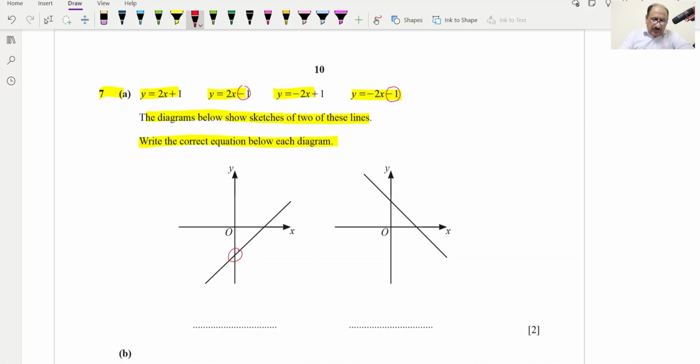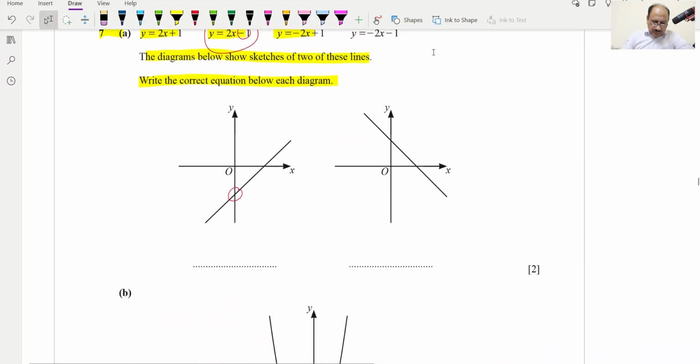If we replace x is equal to 0, y will be minus 1. If we replace y is equal to 0, x will be equal to plus 1 by 2. So we identify this equation for this first graph: y is equal to 2x minus 1.